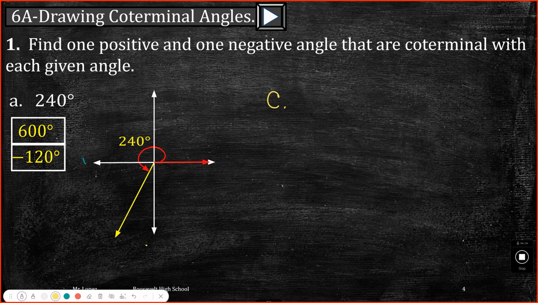All right, I'm going to give it to you. Give me a positive and negative coterminal angle to 225. Let's go. You don't have to do it the way I'm doing it.